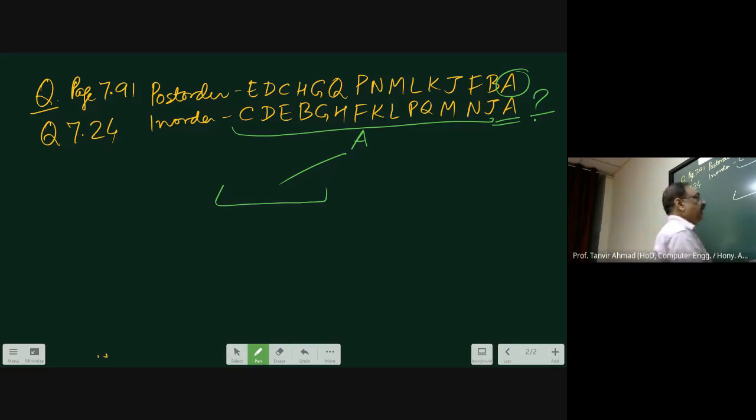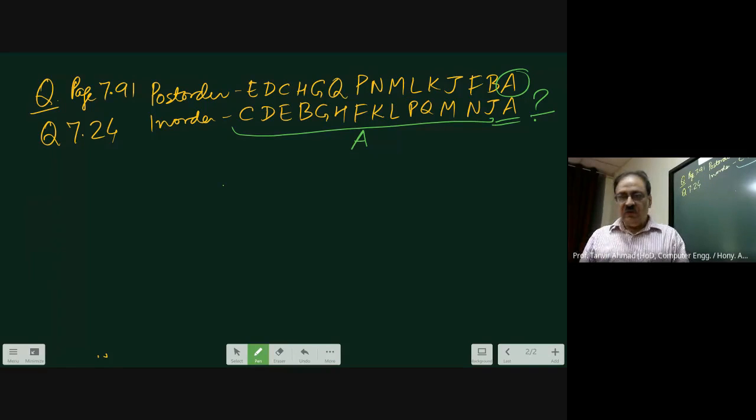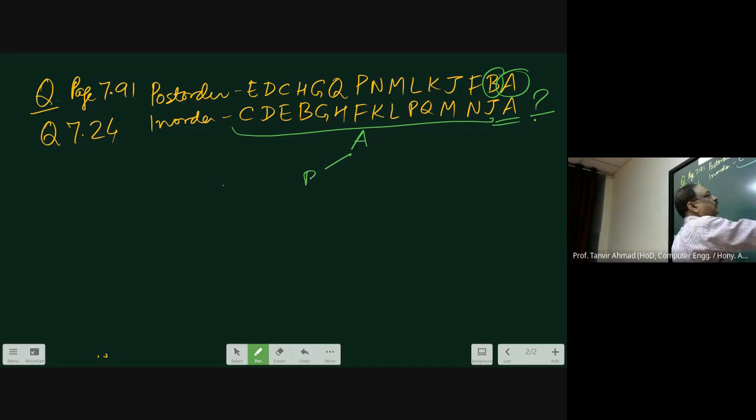And by this method, what I am going to do is that in this one, I am going to see from right to left. I will keep on doing from right to left. Now you see, from here I get B. It means that B is the root. And now you check B here.